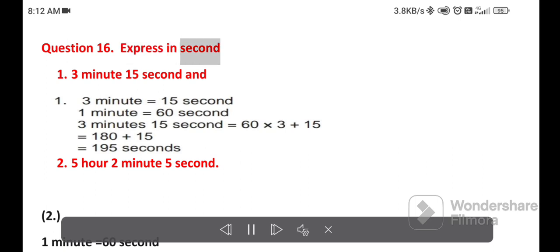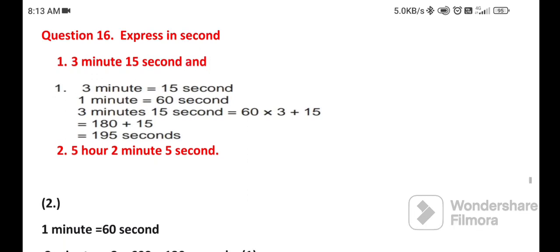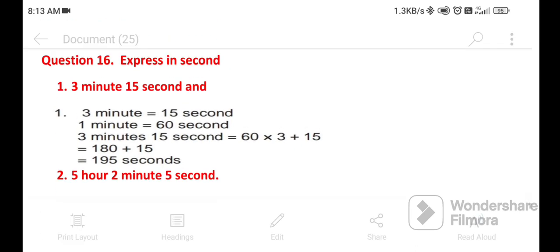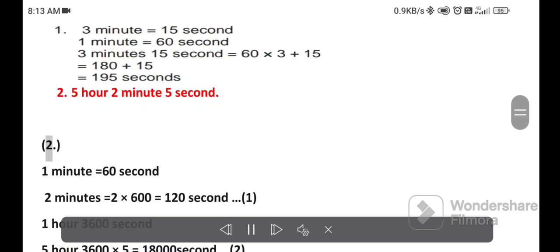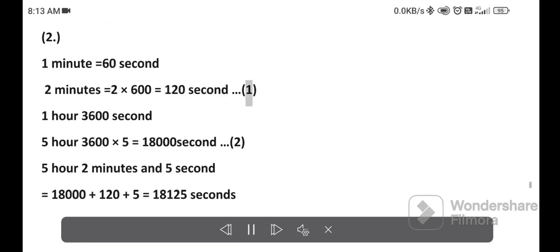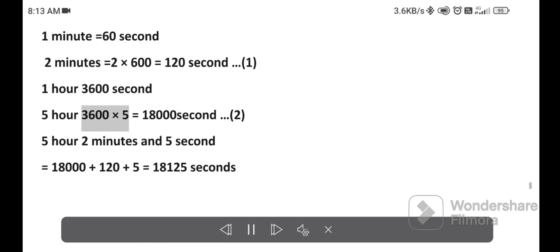Question 16. Express in second: 2 hour 5 minute and 5 second. 1 minute is equal to 60 second. 2 minutes is equal to 2 times 60 is equal to 120 second. 1 hour is 3600 second. 5 hour is 3600 times 5 is equal to 18,000 second.